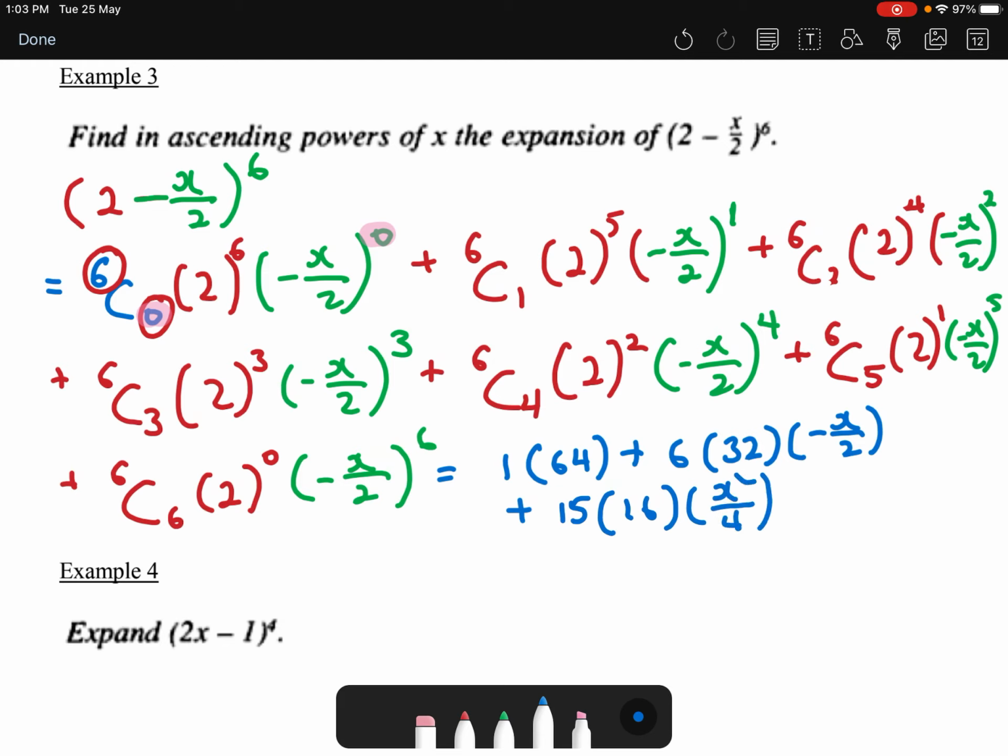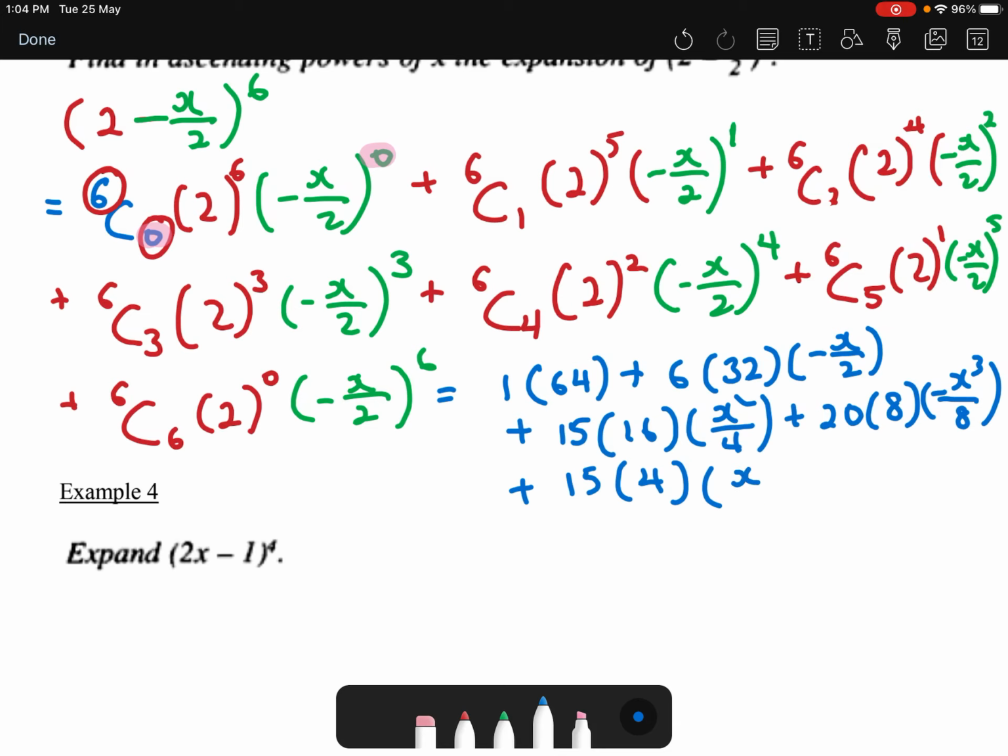Fourth term, 6 choose 3, 20, times 8, then of course negative x cubed over 8. Fifth term will be 15, times 4, then x to the power of 4 over 16.